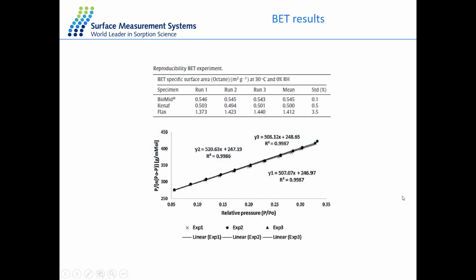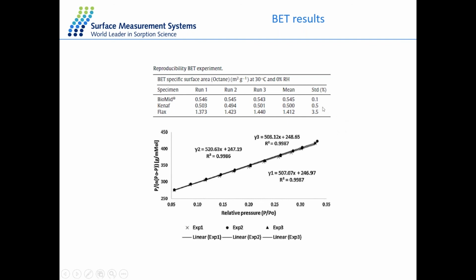So what we've done is calculated the BET surface area, and in this example, we've done a few different runs, a column-to-column reproducibility experiment. What we can see here is that the experiments are very reproducible, and the mean is that the biomade and the kenaf fibers are quite low in BET surface area, and the flax fiber is slightly higher.